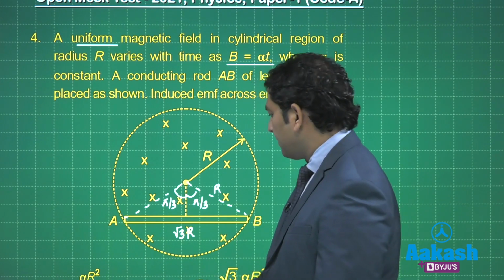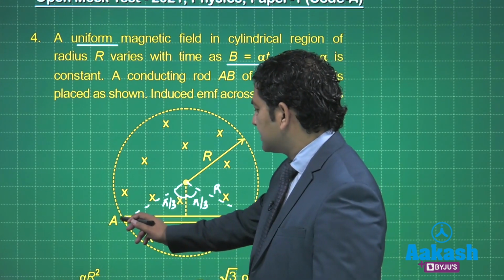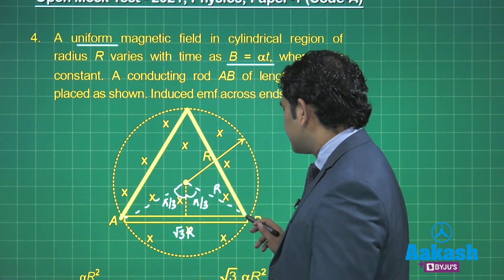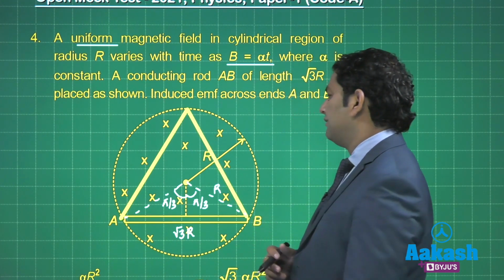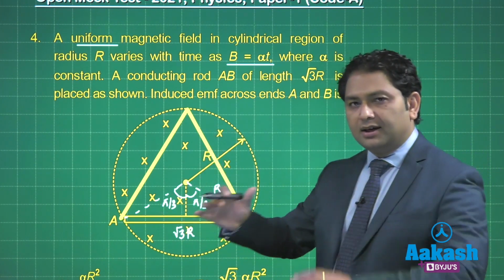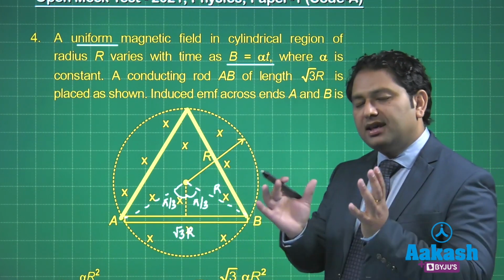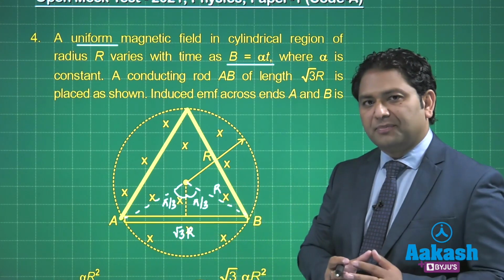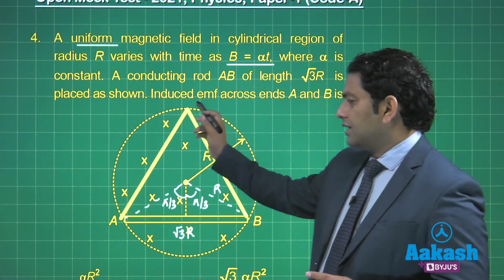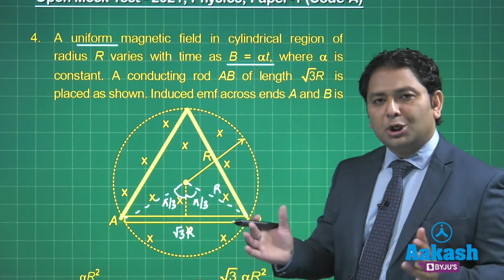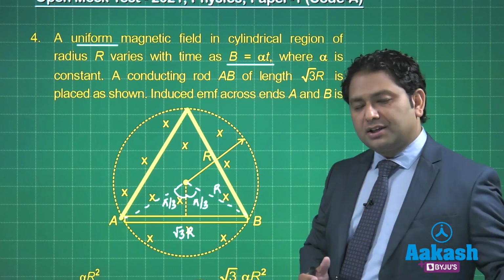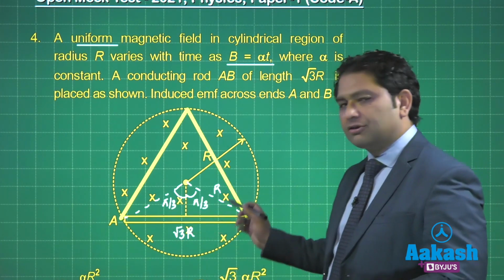It means we can go with the idea of symmetry and say that if I go for some additional construction, I have added two identical rods in a very symmetrical manner so as to complete the equilateral triangle. Now, can you find the induced EMF across this imaginary loop whose perimeter is this triangle?